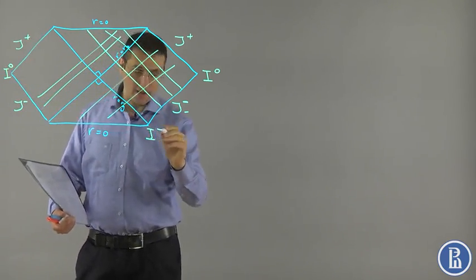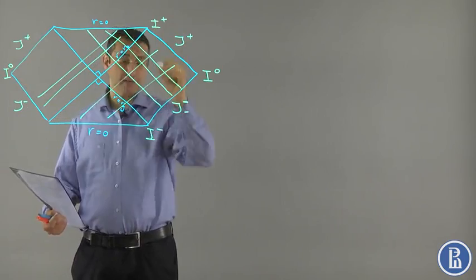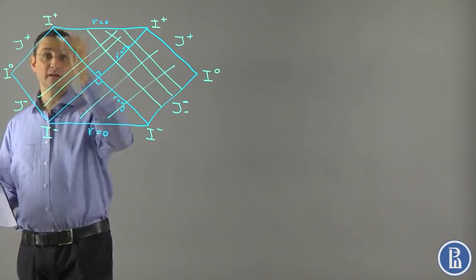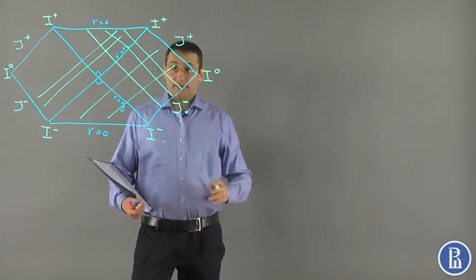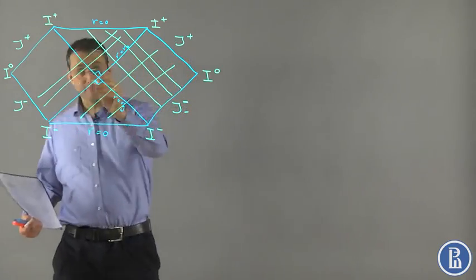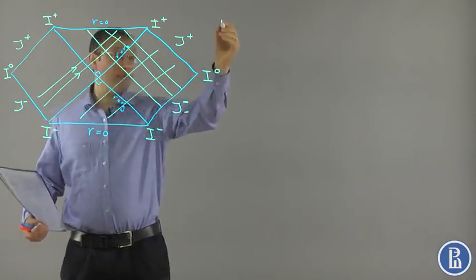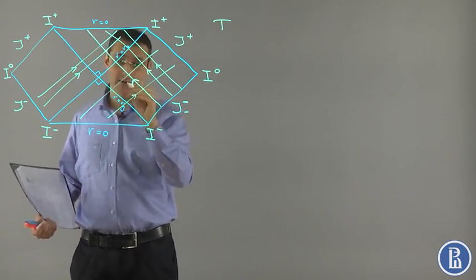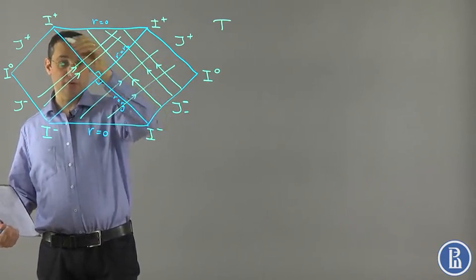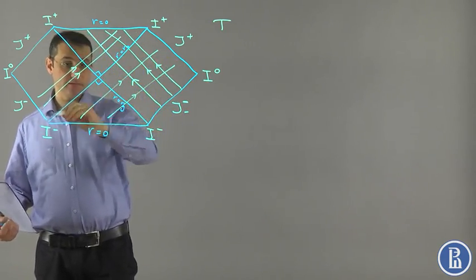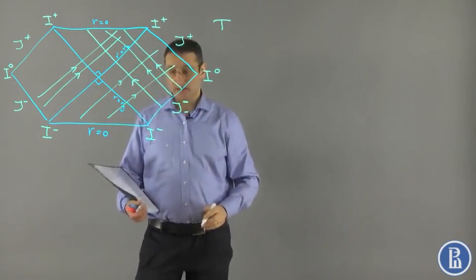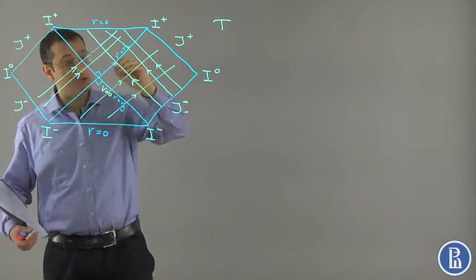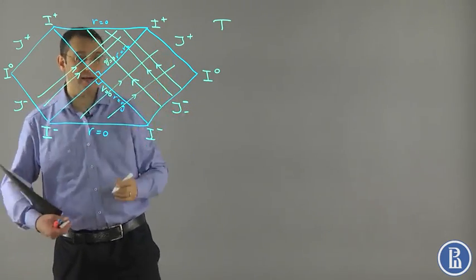This is i minus. This is past infinity, future infinity. As this big T time goes by, these light rays are directed like this. These lines are also light rays, light-like. As you remember, this corresponds to V equals 0 and U equals 0, which is a light ray, of course.